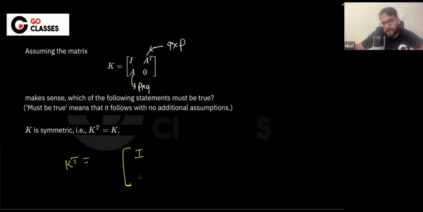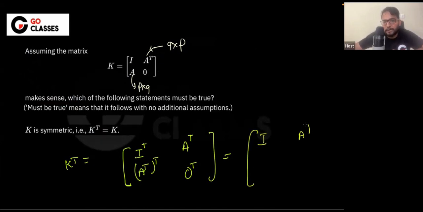I transpose is just I, then A transpose will be A. This row here, and then transposing individually also, this is A, 0, and 0 transpose is just 0. So basically, I, A transpose and A, and 0 transpose. So finally it will be I, A transpose, A, and then 0. Is it the same as the original one? The answer is yes. So that is why this is symmetric. So yes, symmetric.